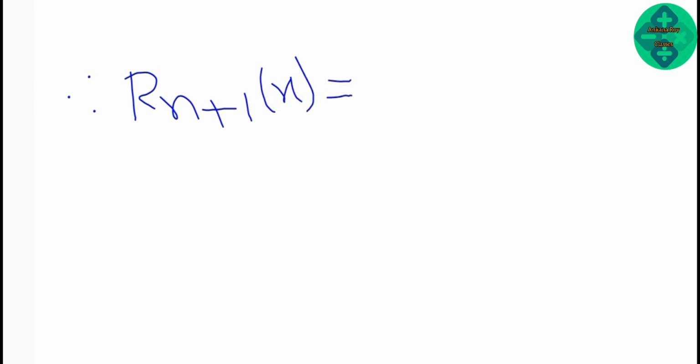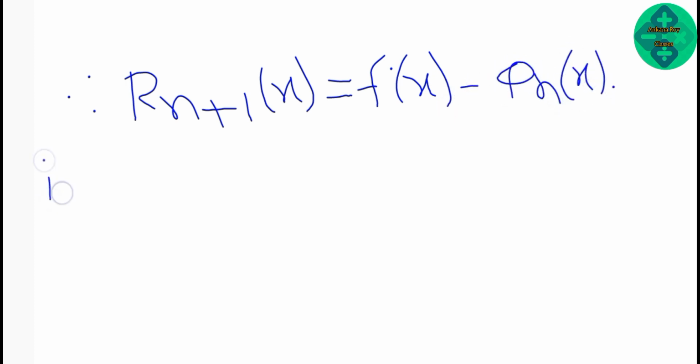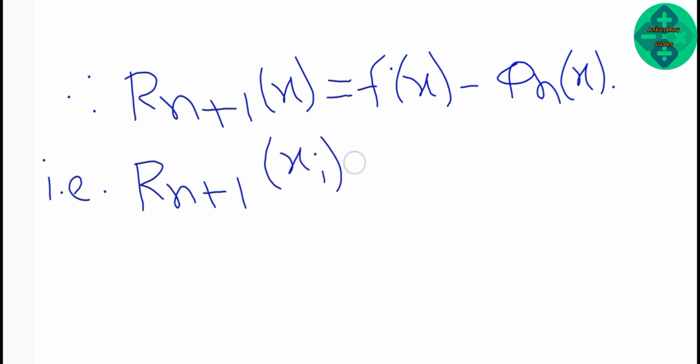Therefore, R n plus 1 x is equal to f of x minus phi n x. That is, putting x is equal to xi, R n plus 1 xi is equal to f of xi minus phi n xi.